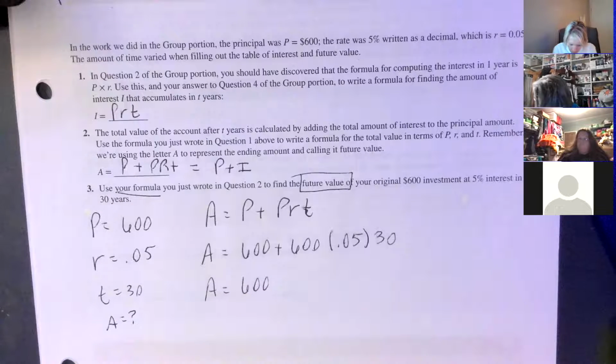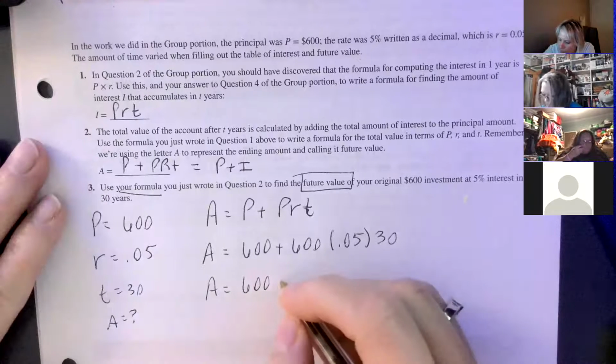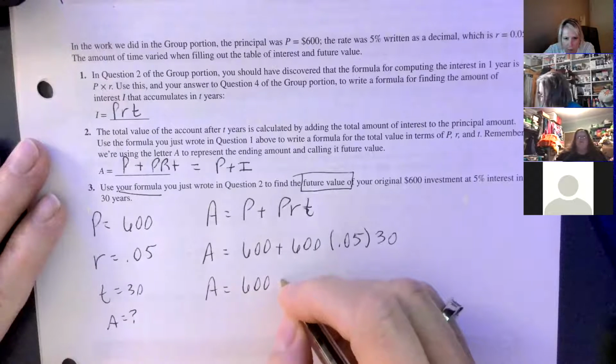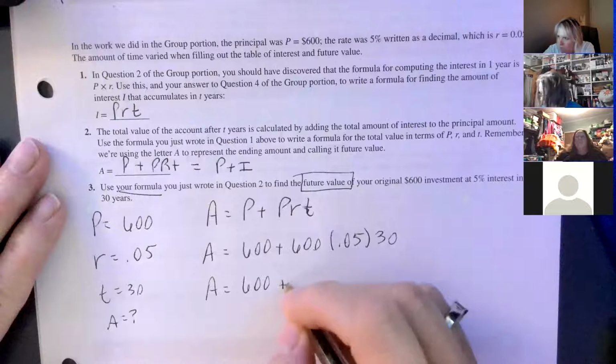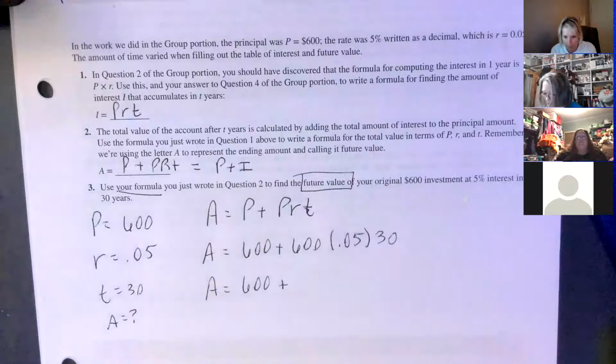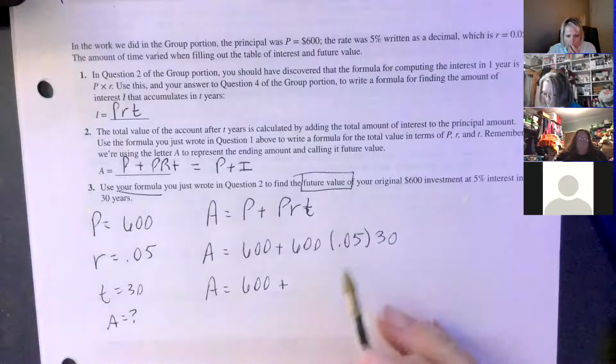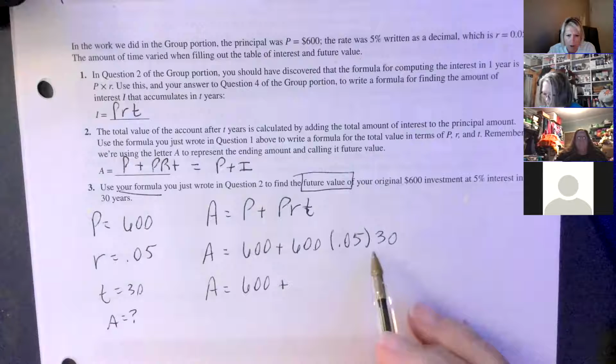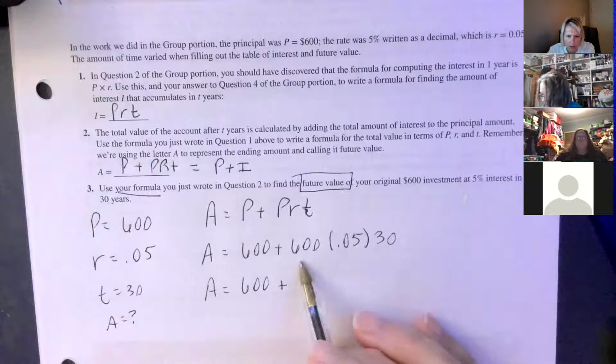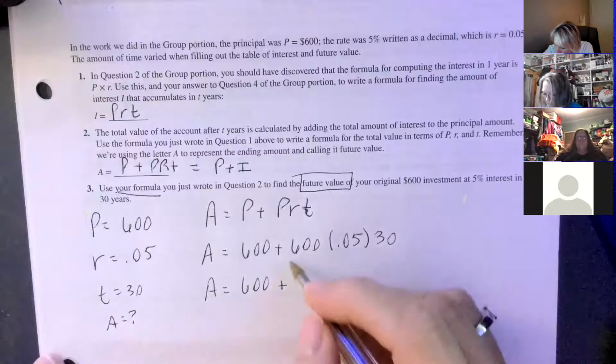So how much interest did we earn then? $300. Did you do the 600 times 0.05 times 30?